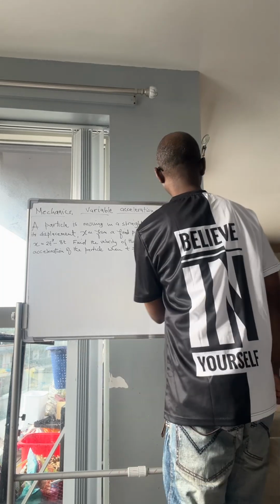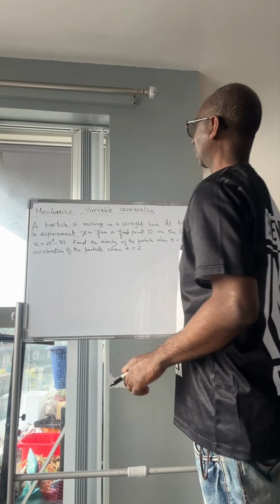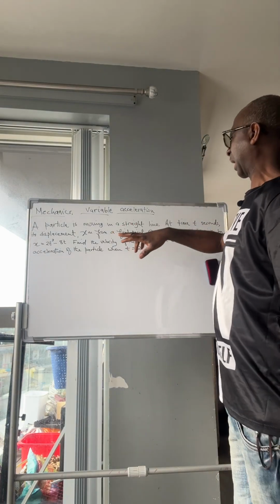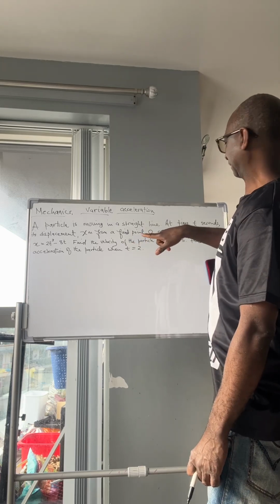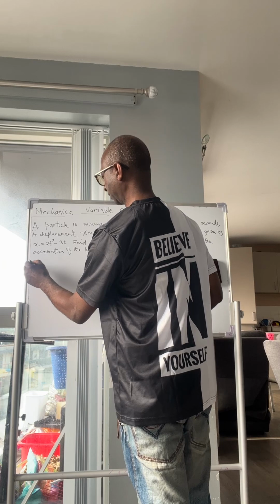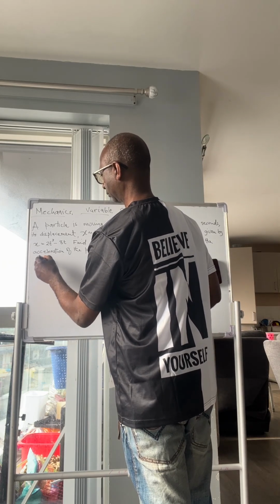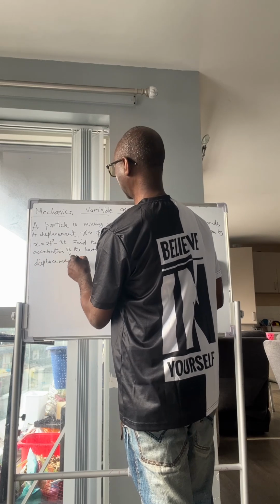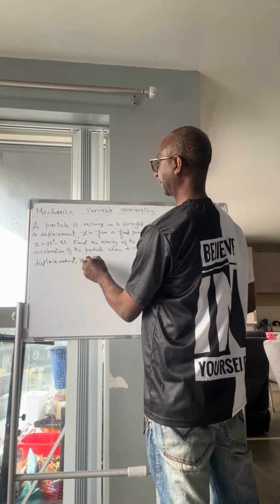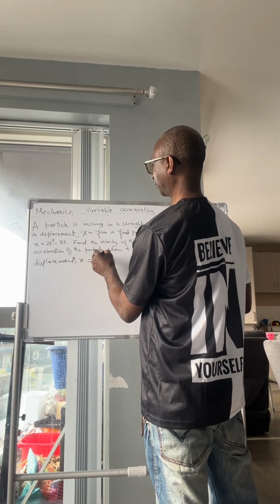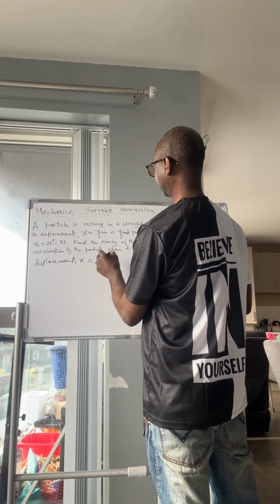So let's see. A particle is moving in a straight line at time t seconds. Its displacement x is given by 2t to the power of 3 minus 8t.